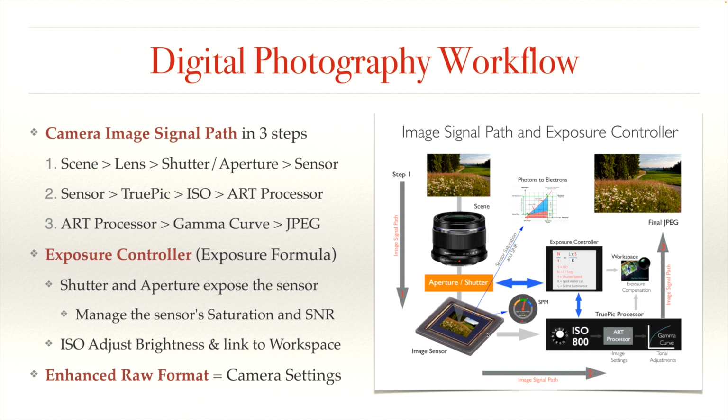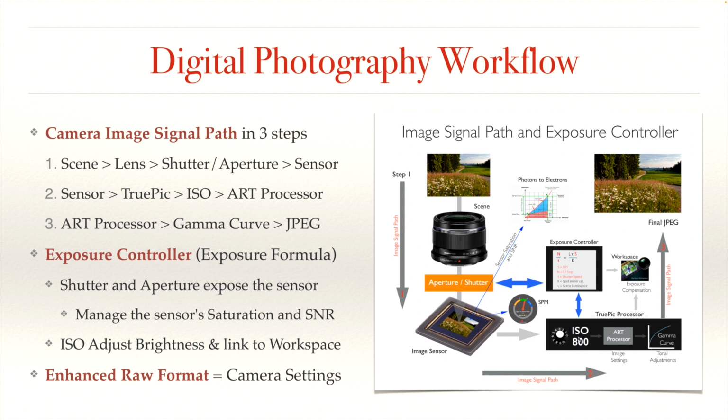Once it's done, then you can move over to the true peak image processor. You can finalize your ISO setting. So for example, if you have any highlights clipping with a saturated sensor, bring down the ISO.